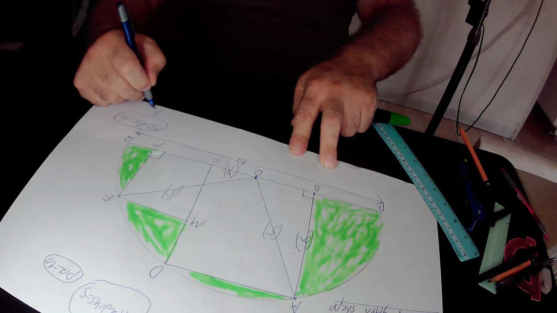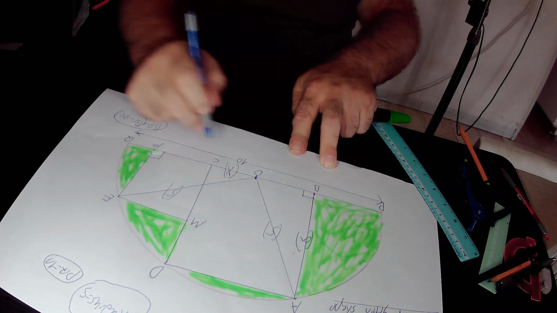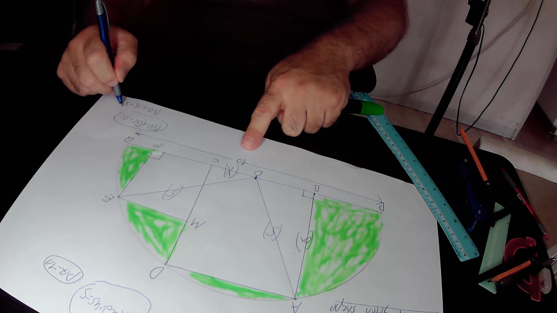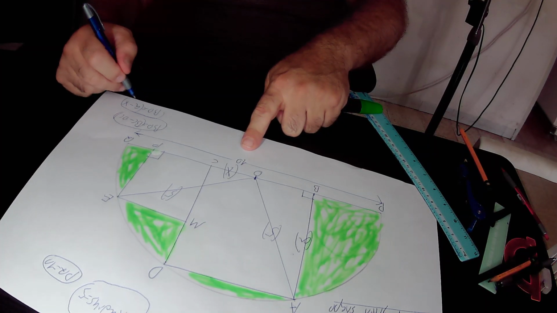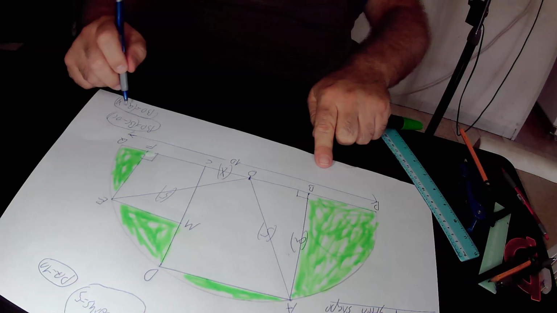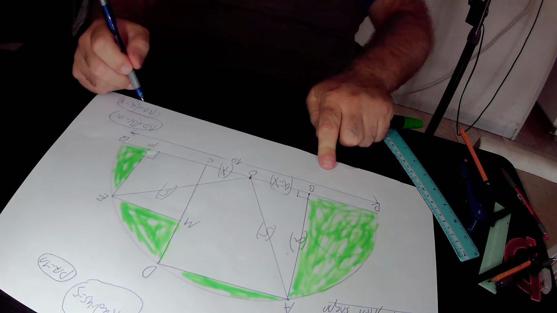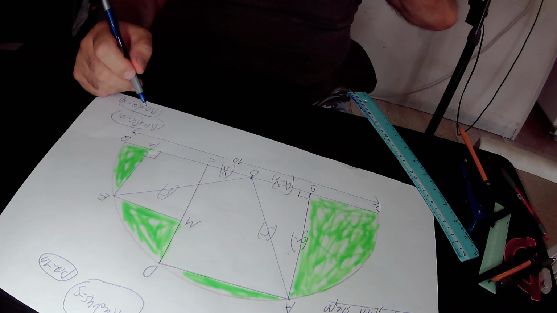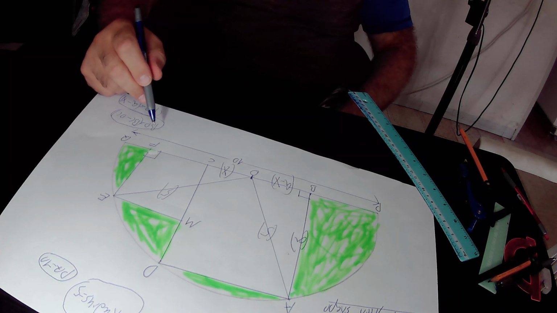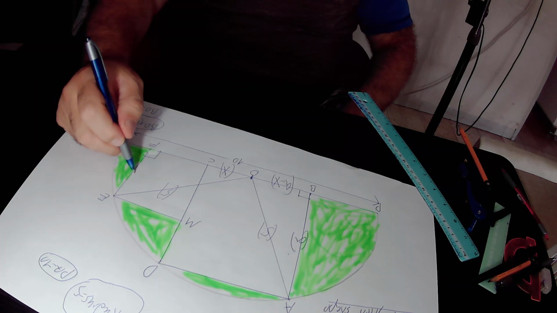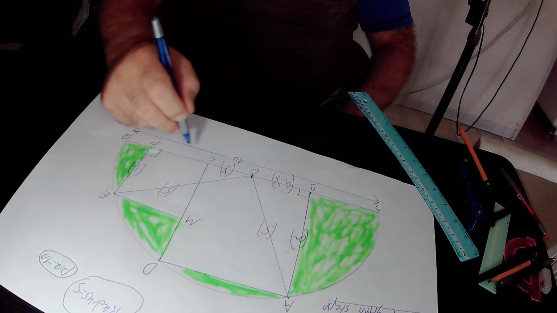So BO equals BC, that is A, minus OC, that is X. So in total we found out that BO equals A minus X units in length. In the next step, we define one side of this small square MEFC as B, so EF equals B and CF also equals B.